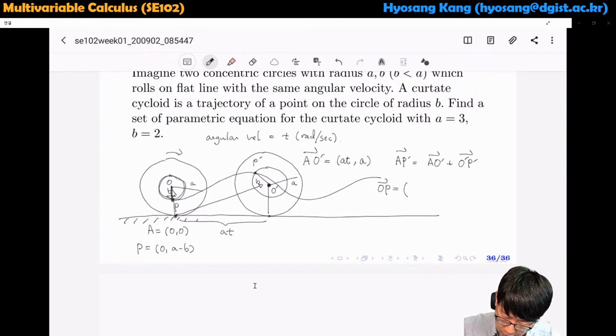So the OP vector is b times cosine minus pi over 2, sine minus pi over 2.